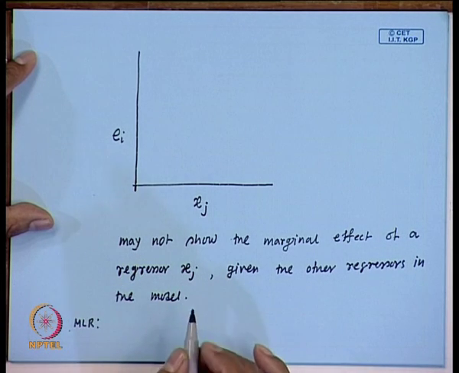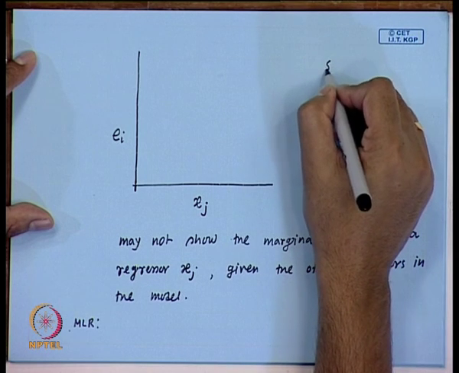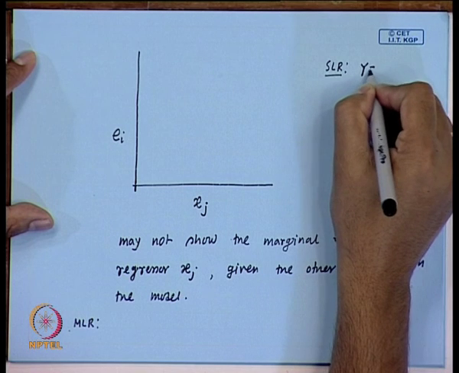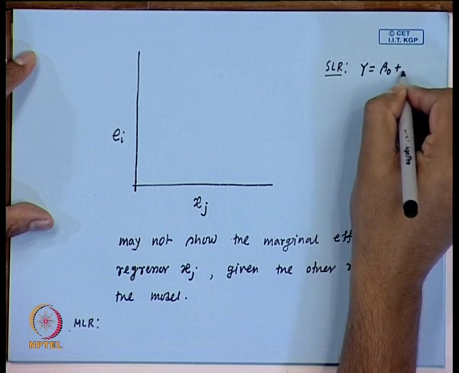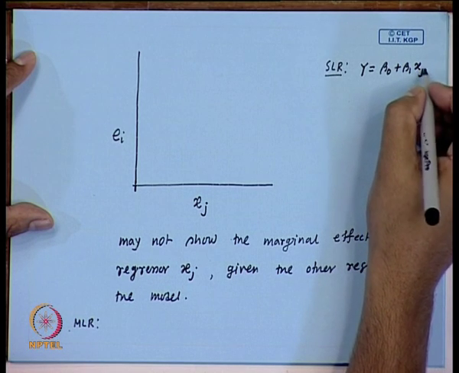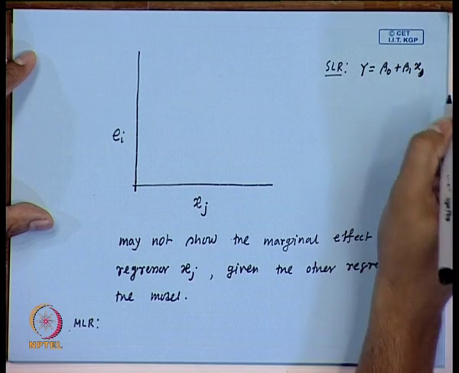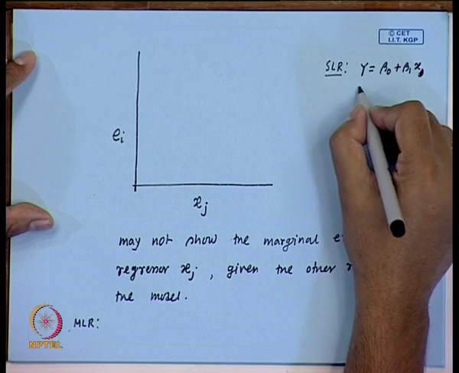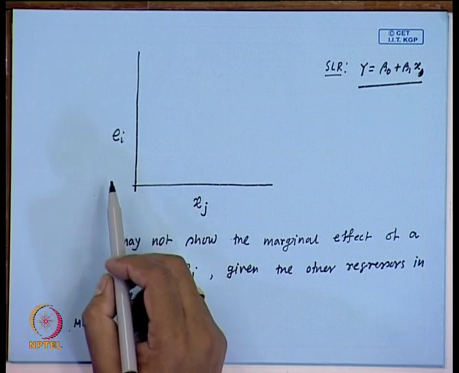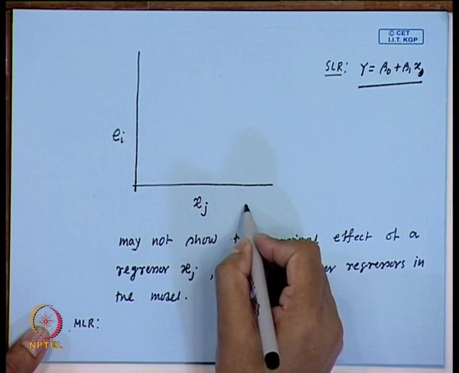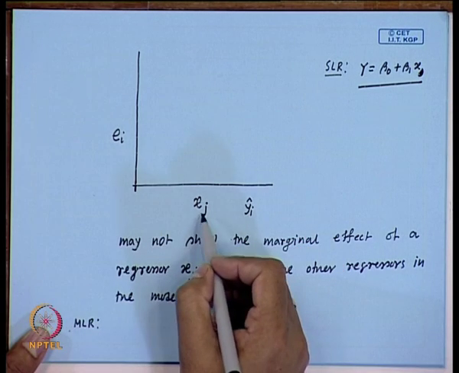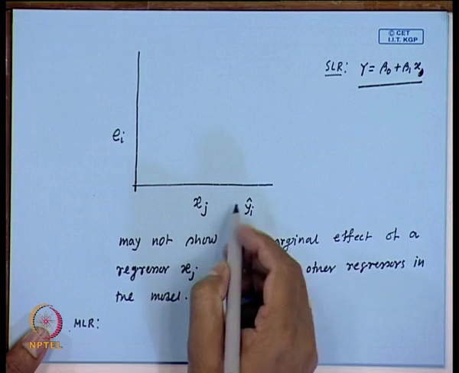If it is simple linear regression, with only one regressor, y equal to beta naught plus beta 1 x, then there is no difference between the plot of ei against yi hat and the plot of ei against x.